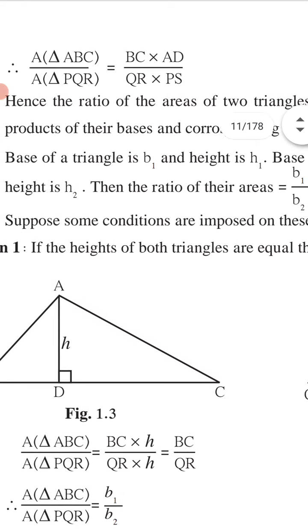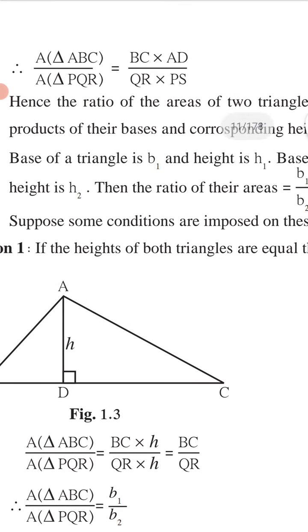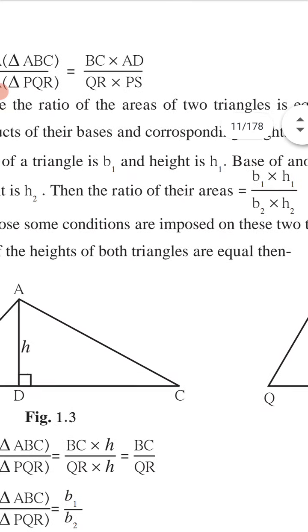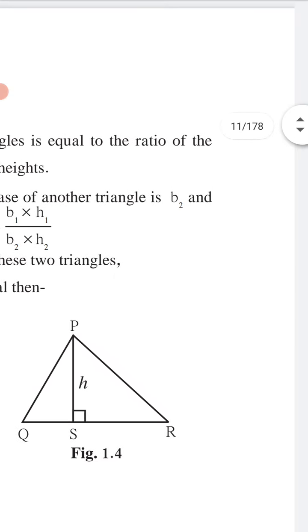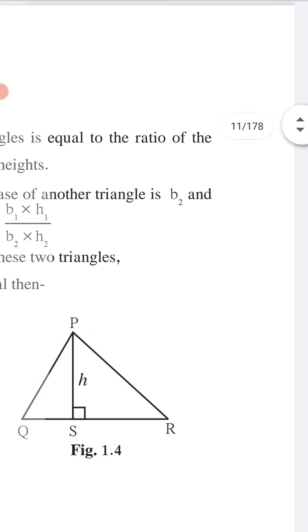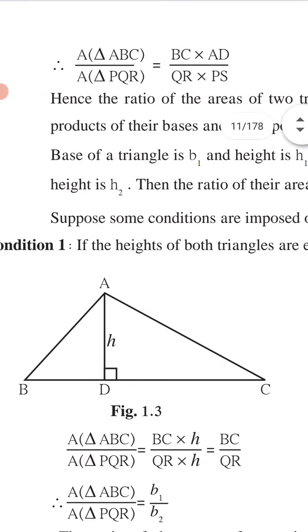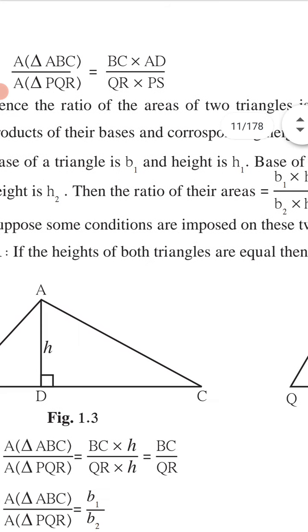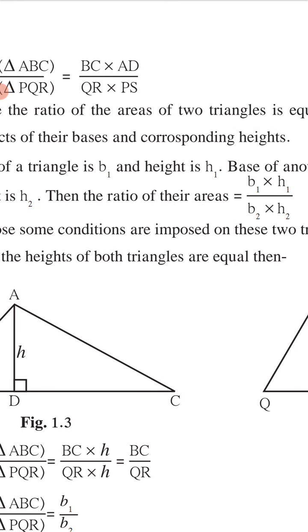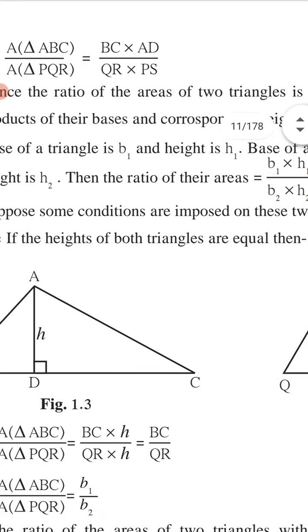Area of triangle ABC upon area of triangle PQR is equal to the ratio of the product of their bases and corresponding heights. Bases are BC and QR and corresponding heights are AD and PS.